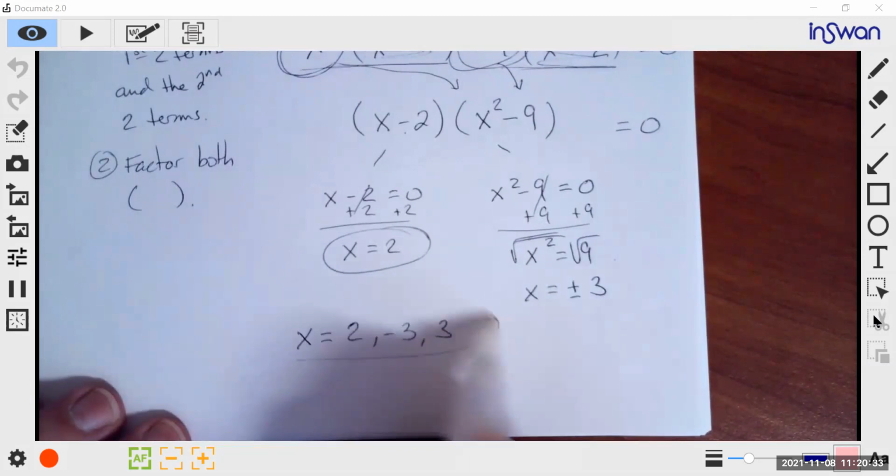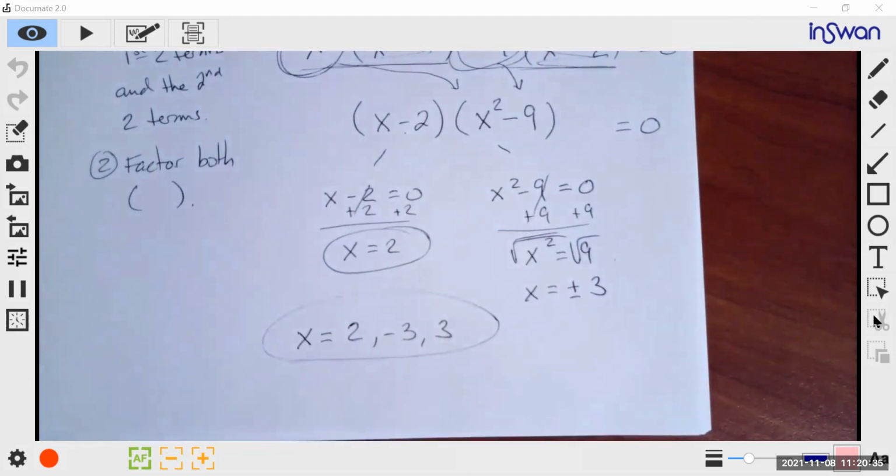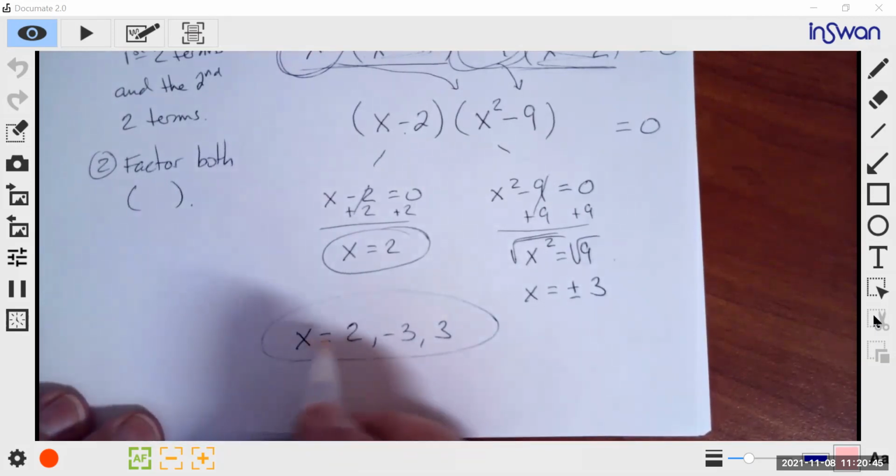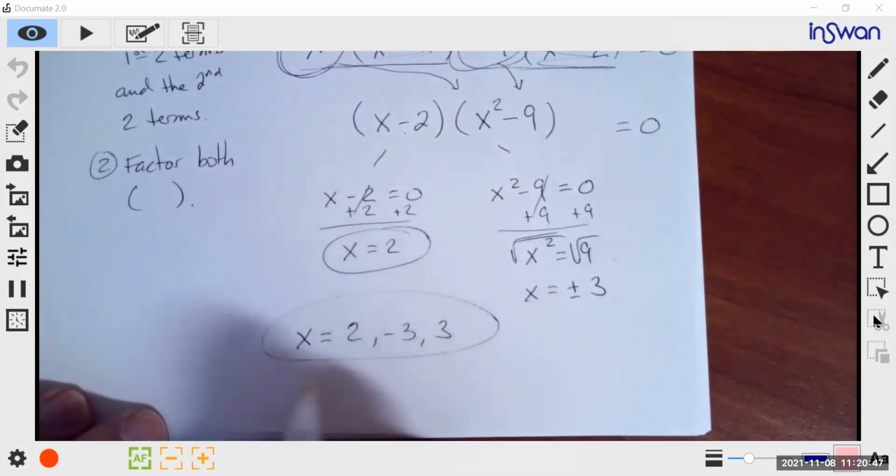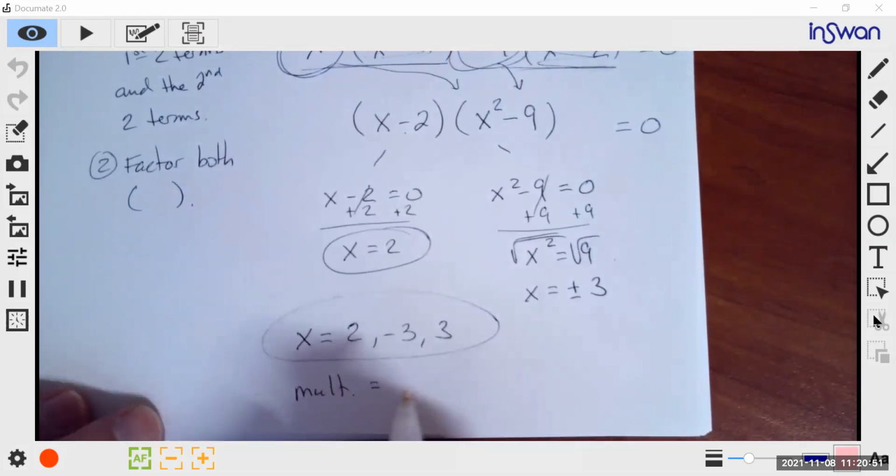So those are my x-intercepts. Those are my zeros. x-intercepts, zeros. What are the multiplicities? What's the multiplicity of 2?